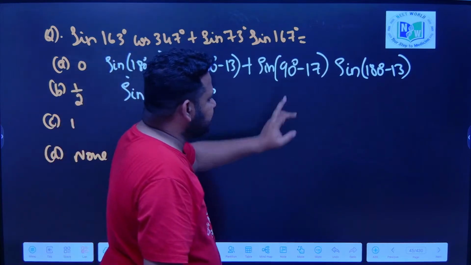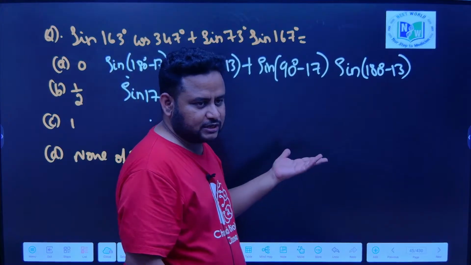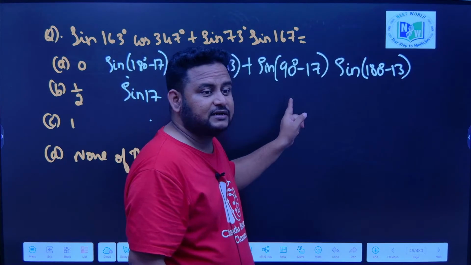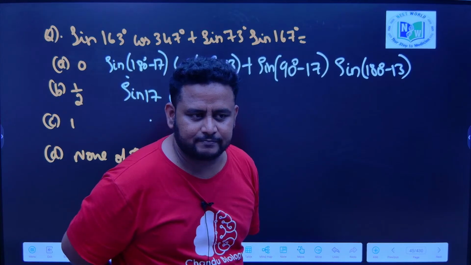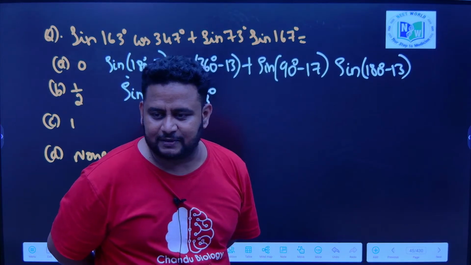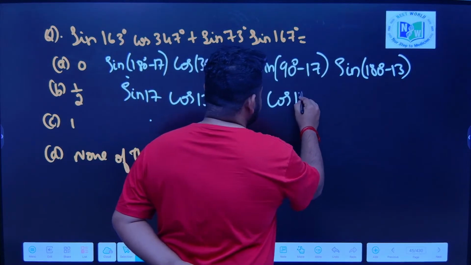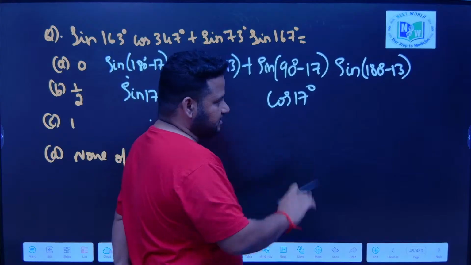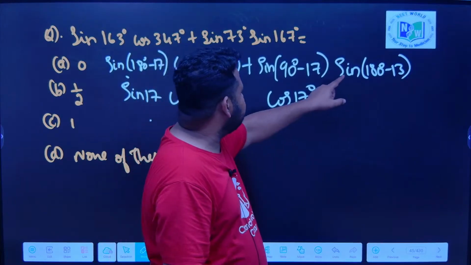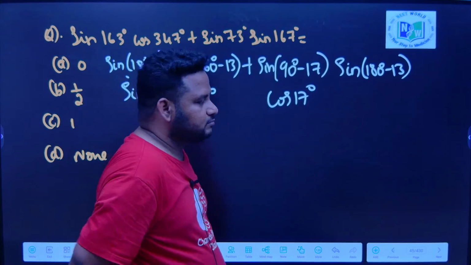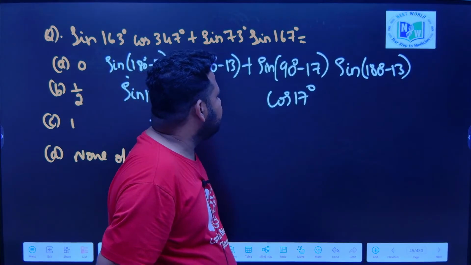Now sin 90 minus theta is in the first quadrant, where all are positive. But 90 is an odd multiple, so sin will change to cos. So this will become cos 17 degree. Now sin 167 is in which quadrant?